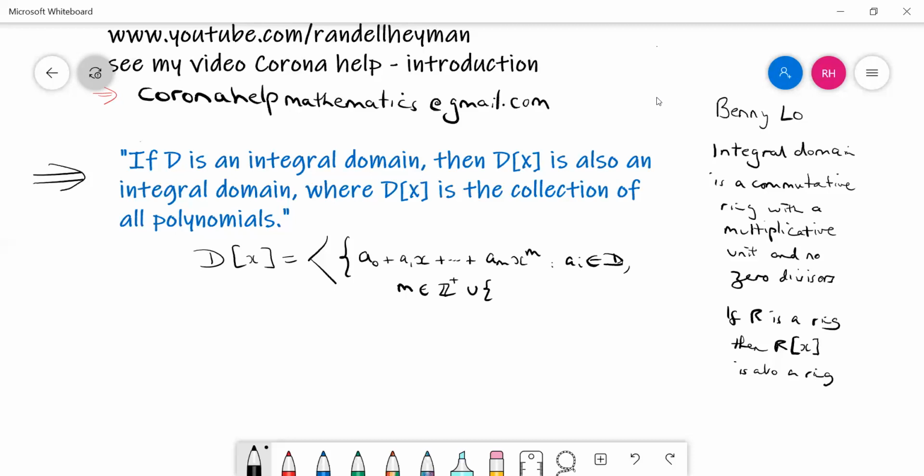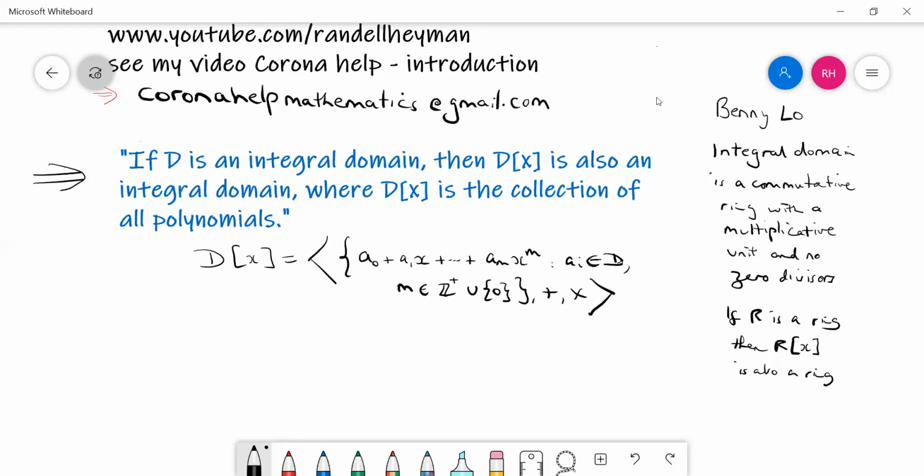So that's the set, and then we're using normal polynomial addition and multiplication. I'll represent the polynomial slightly differently when we get into it, but that'll do to start us off. So that's what D[x] is.